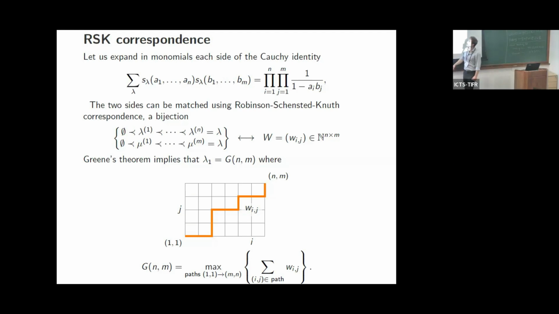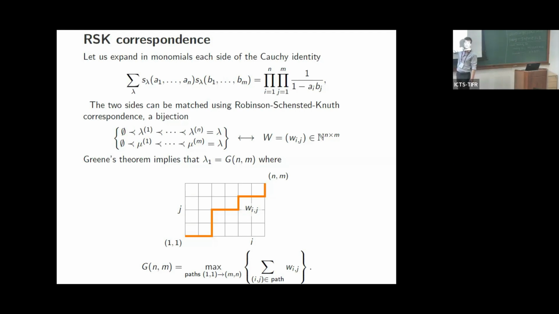So in particular, if I look at the partition lambda, and I look at the largest part of lambda, so lambda 1, this has a very nice expression in terms of the entries of the matrix, and the expression is the following. So lambda 1 equals G(n,m), where G(n,m) is a certain functional of the entries in my matrix. So here, my matrix W_ij, I view it as decorating an n by m grid.